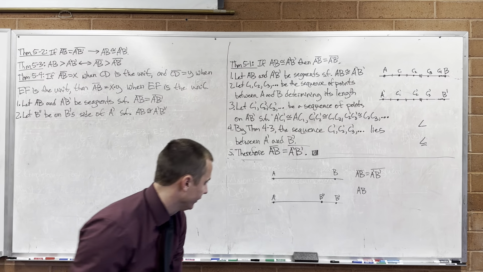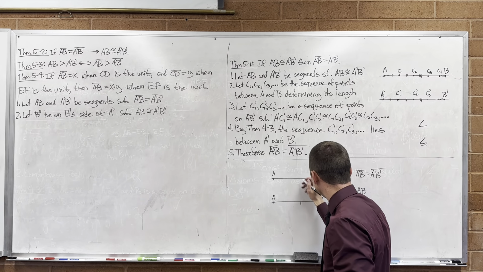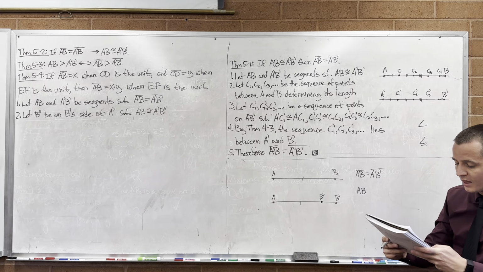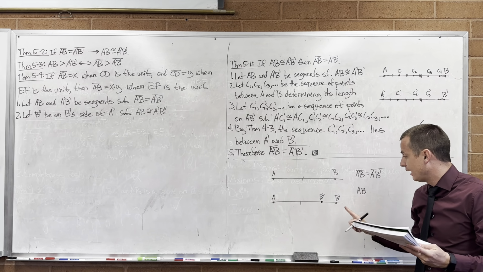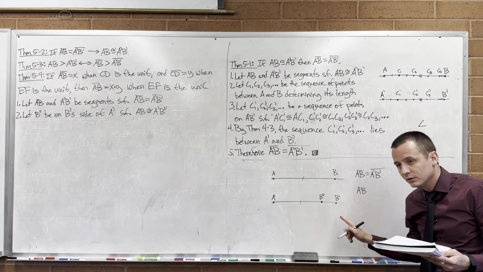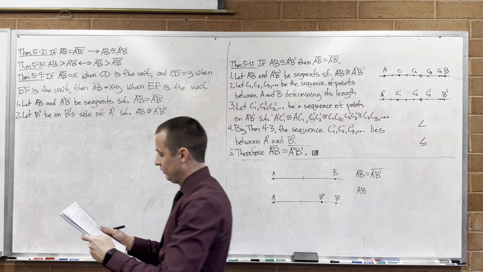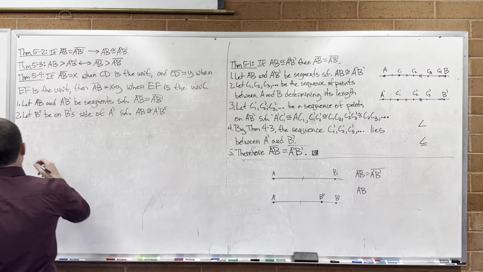So pick the point over here, and that makes it congruent. So now this segment I know is congruent to that segment. And I know that B double prime, it turns out, is going to be the exact same point as B prime. So assume by way of contradiction that they aren't the same point.